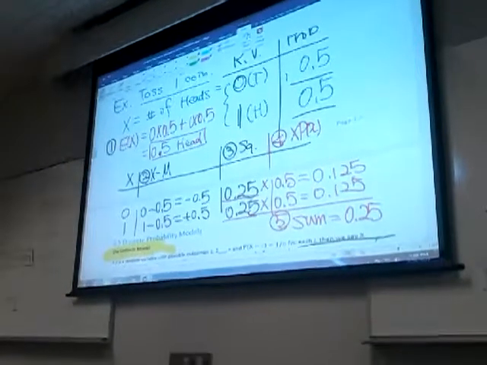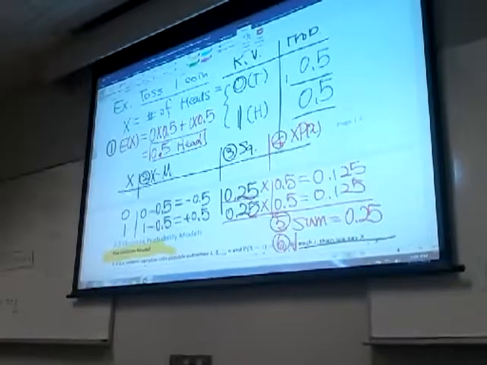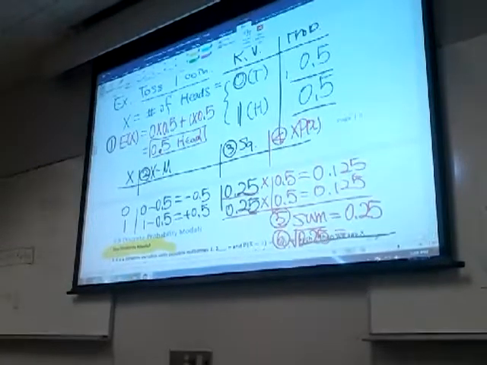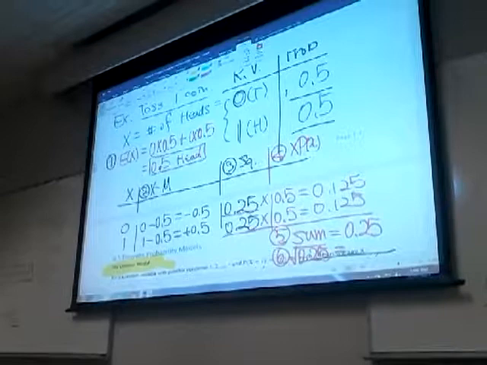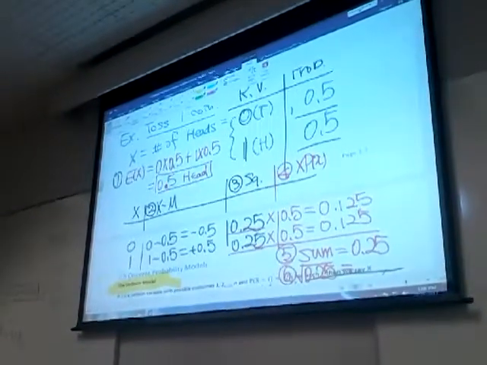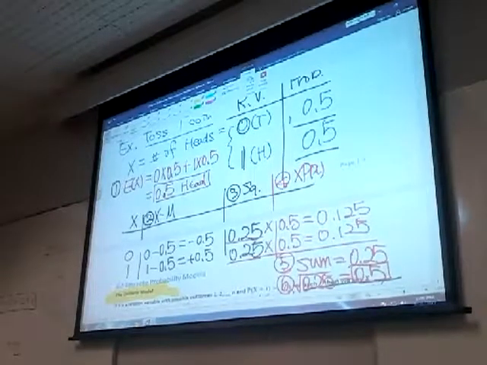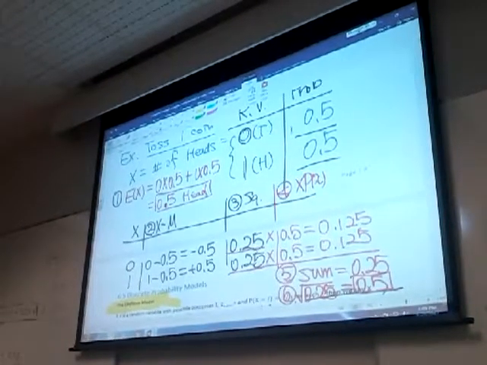We have to take the square root of it. How much will be the square root of 0.25? 0.5, yes. 0.25 is the variance. 0.5 will be the standard deviation.